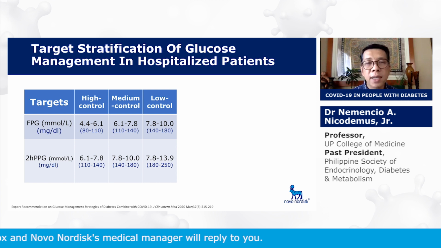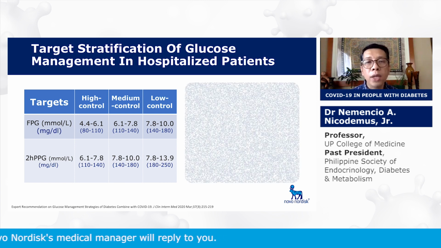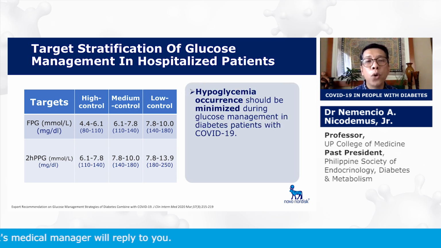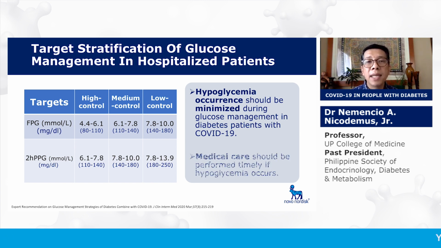In all of these, let us remember that what we must avoid is hypoglycemia during the glucose management of our patients with COVID-19 and diabetes, and that if hypoglycemia is present, medical care should be instituted in a timely manner.